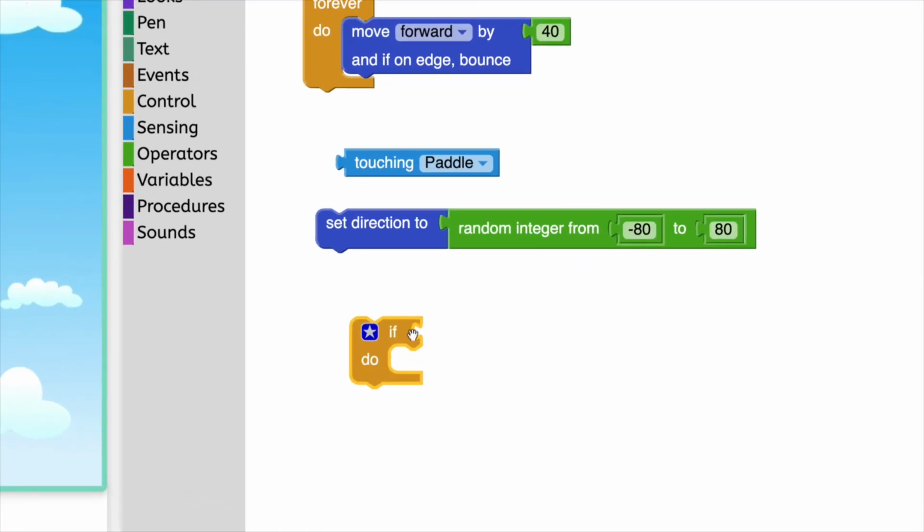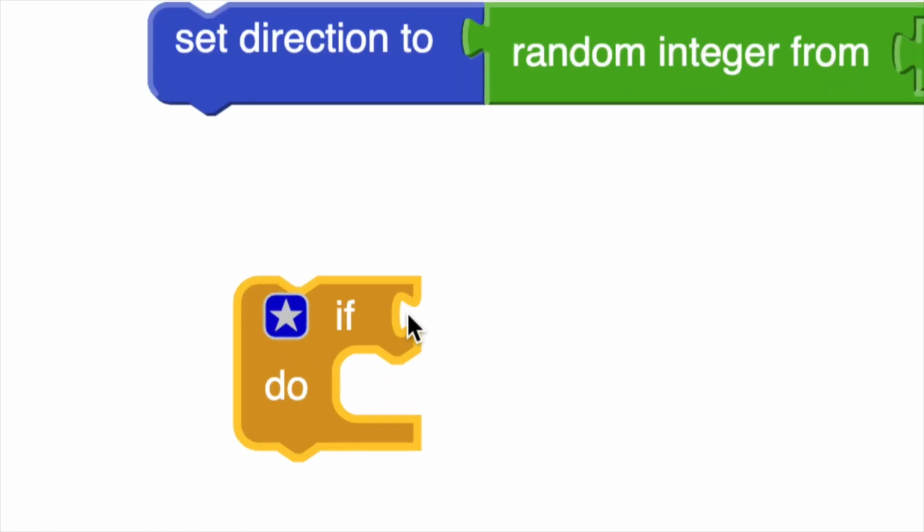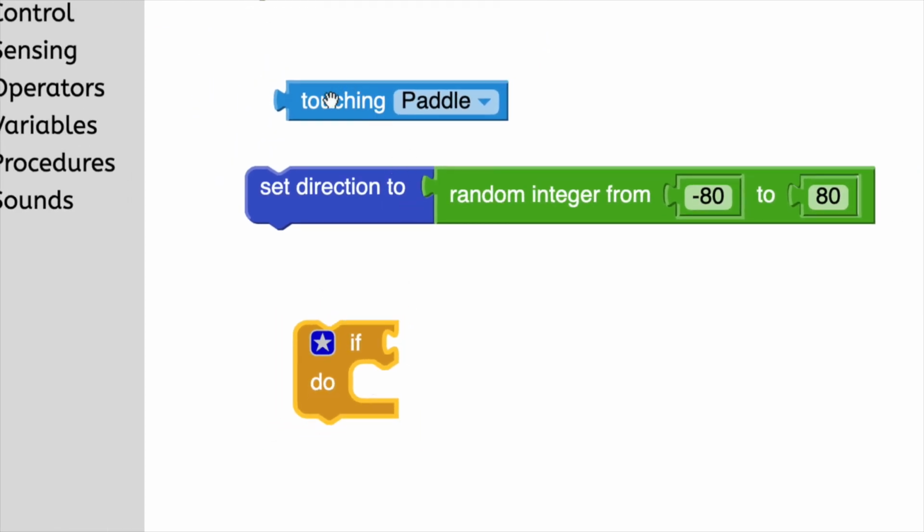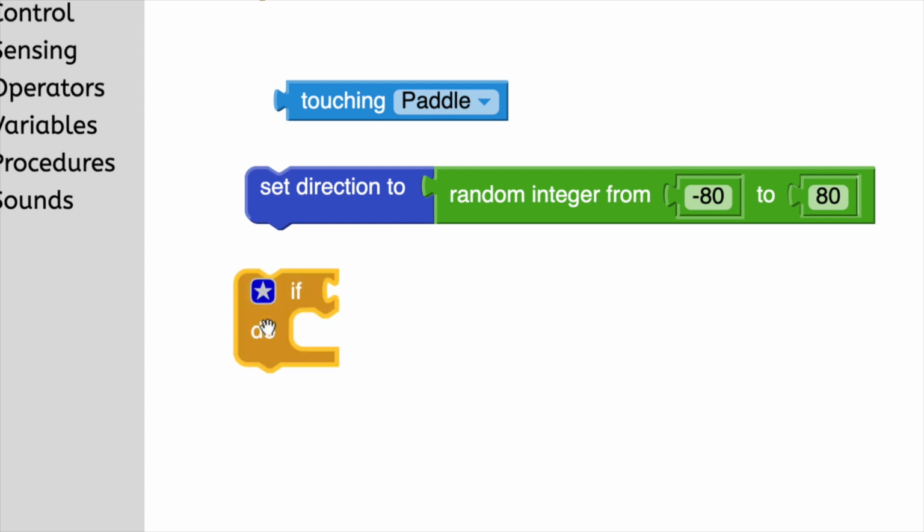You can see it's got different shaped connectors. This connector looks like a jigsaw piece, and this connector looks like our loop block that we've used a few times already.